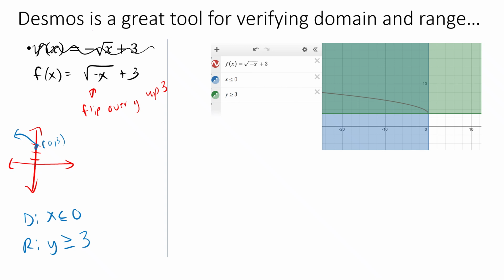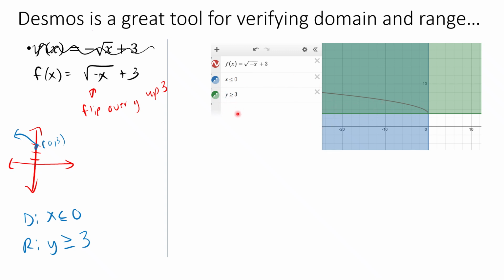If you look over here, what Desmos is awesome with is verifying that. So if you do this by hand, you're like, okay, I think that's what my domain and range are. Then you can use Desmos. If you do this correctly, what you should be able to see is this highlighting. So if you've got the domain correct, x is less than or equal to 0, you can see that blue highlighting, and the graph is completely inside the blue highlighting.